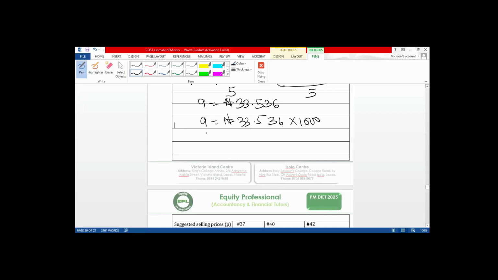That means A represents my fixed cost. My fixed cost is 33,536. This is my fixed cost.